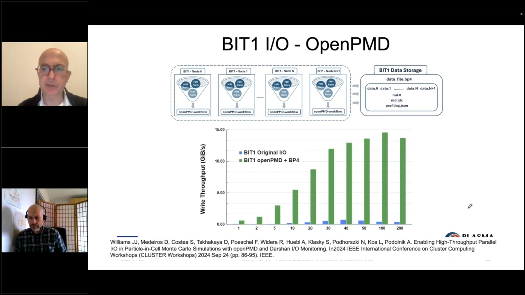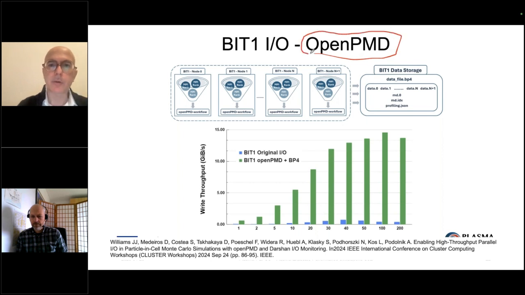I want to showcase one example of this cross-fertilization work. As I said, the group from Dresden introduced us to the Center of Excellence OpenPMD, and also today we have support for OpenPMD in bit1. Thanks for the collaboration, not only of the key people in bit1, but also the key people in PIConGPU.